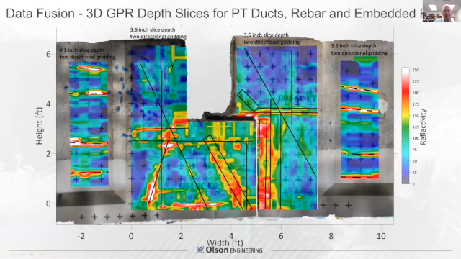So to do a little data fusion with depth slices for the post-tensioning ducts, the rebar, and the embedded plates, interestingly enough, there are embedded steel plates in these girders where they come together at this joint as well. So you can see here's a 4.1-inch depth slice for 2-directional gridding in the web of the girder, the thinner 10-inch section.